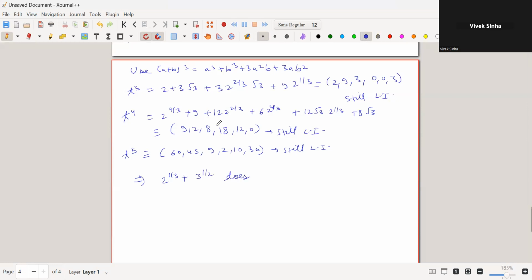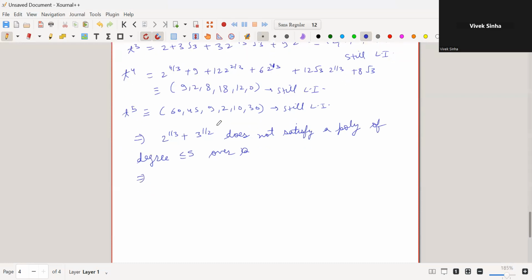This implies that this does not satisfy a polynomial of degree less than or equal to 5 over Q. At 6, it may or may not satisfy. We haven't checked that. We haven't found the polynomial precisely. We have just seen that till t^5, it won't satisfy.